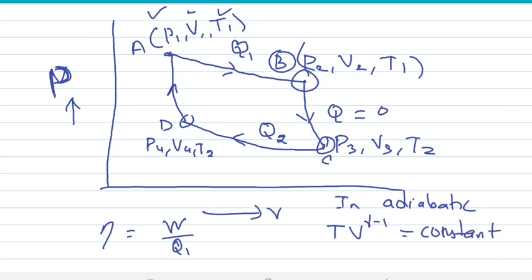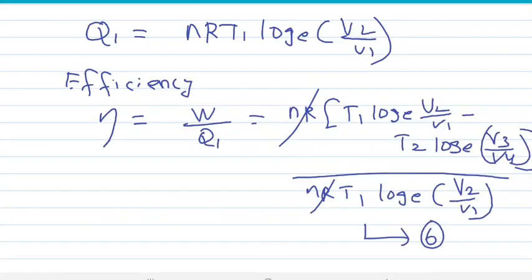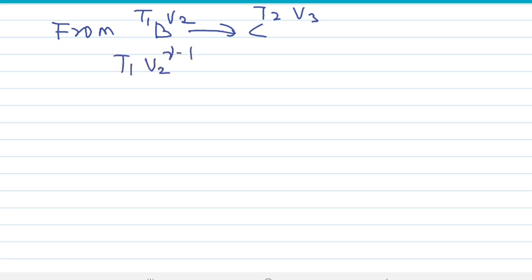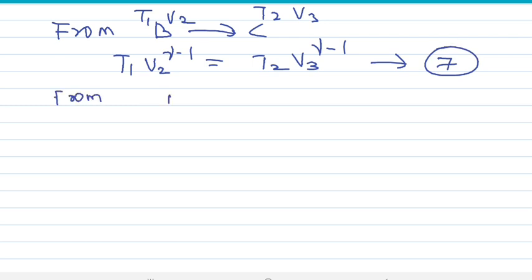Now we shall take from B to C. At B, temperature is T1, volume is V2. At C, temperature is T2, volume is V3. We get T1 into V2 power gamma minus 1 is equal to T2 into V3 power gamma minus 1. This is equation number 7.